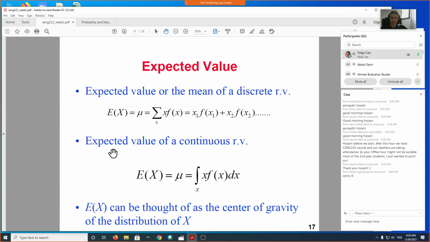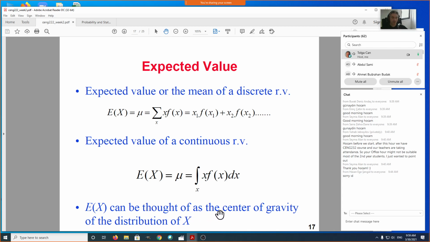So this is what we have also on the slide. The expected value is, most of the time, indicated by this Greek letter mu, which is like an acronym for mean, or average. So this Greek letter mu is used to indicate the expected value of a random variable.